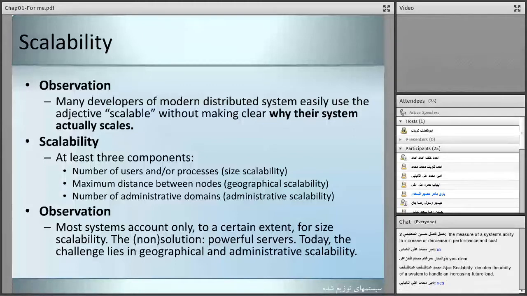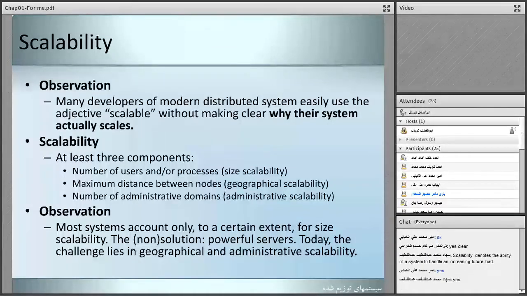Well, and the last component is about number of administrative domains. It means if the number of administrators is increased, and the performance is not decreased, so our system is scalable in terms of administrative scalability.